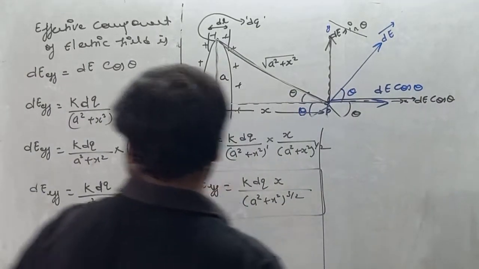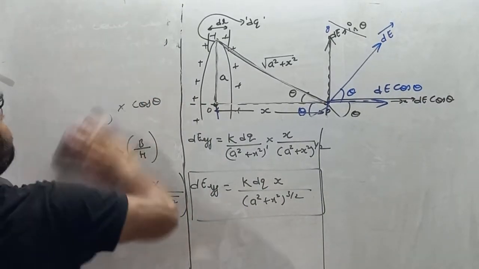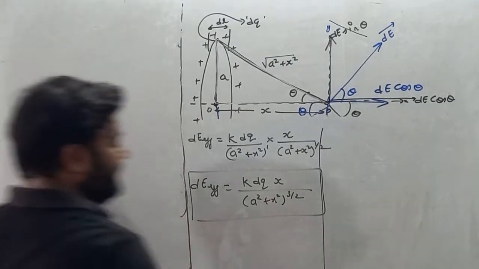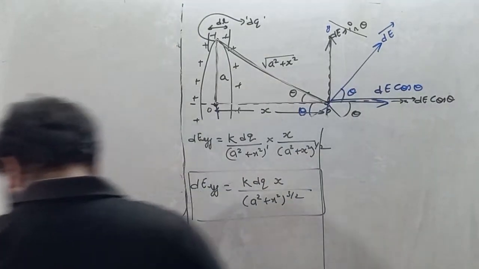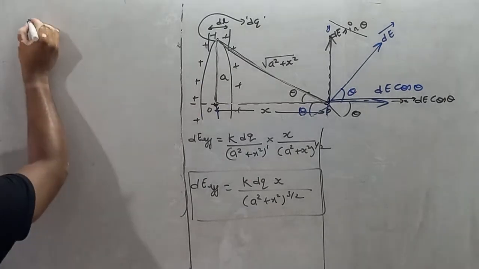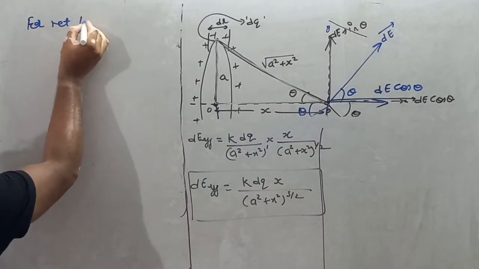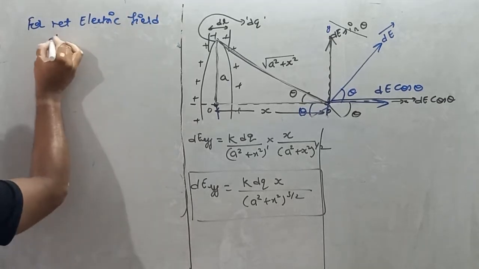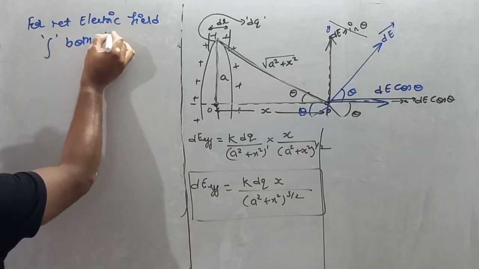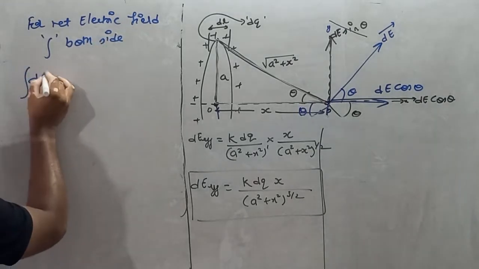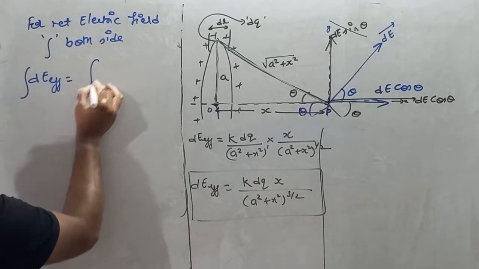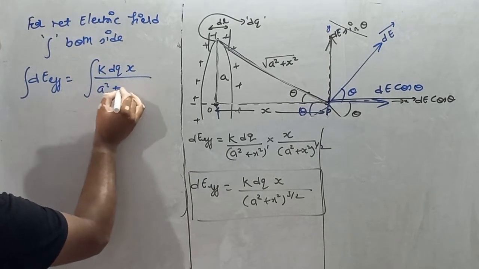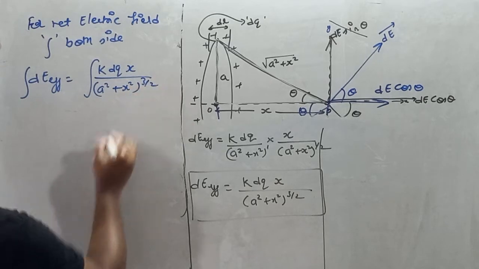So for the net electric field, integrating both sides: integration of dE effective is equal to integration of k dq x by a square plus x square raised to the power 3 by 2.